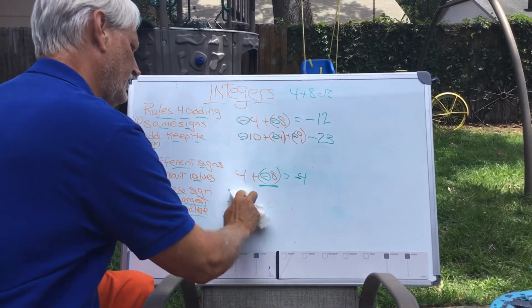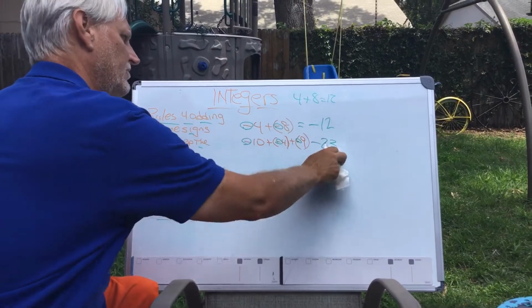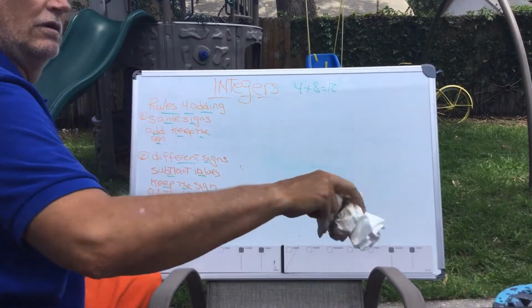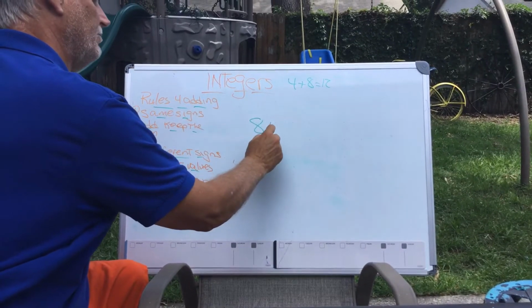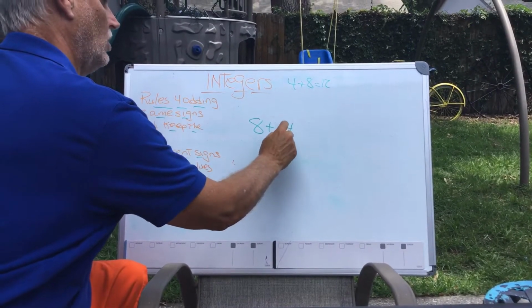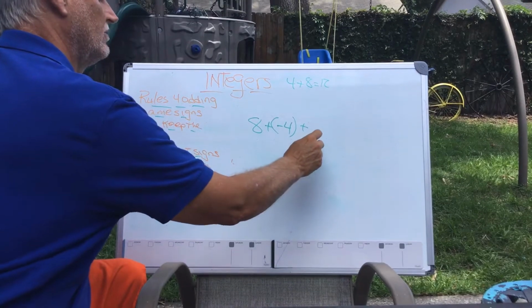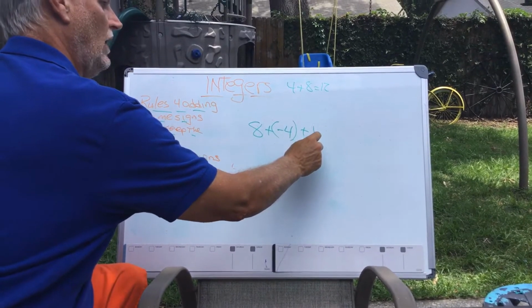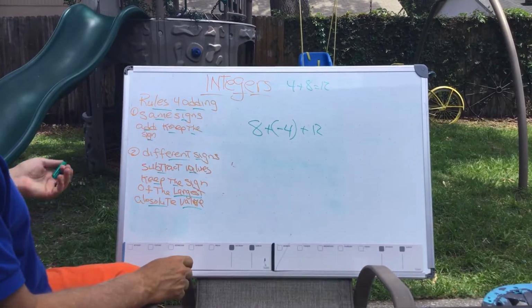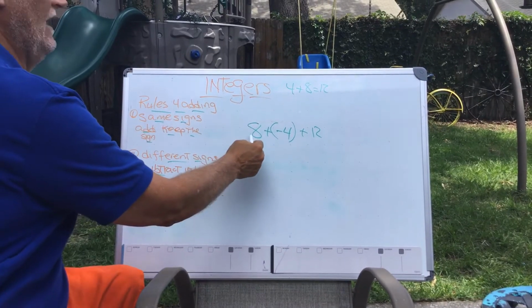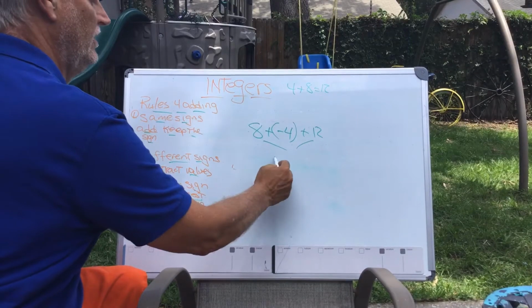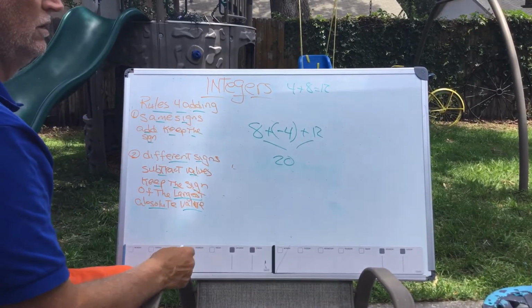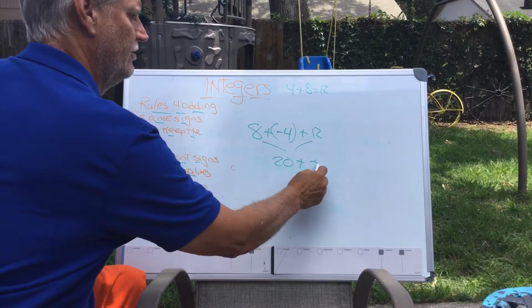You can have some other numbers here. Let me show you what happens if you have three numbers. If we have 8 plus -4 plus 12, I see that I have a positive 8 and a positive 12, so I can combine those into a positive 20, and then plus -4.